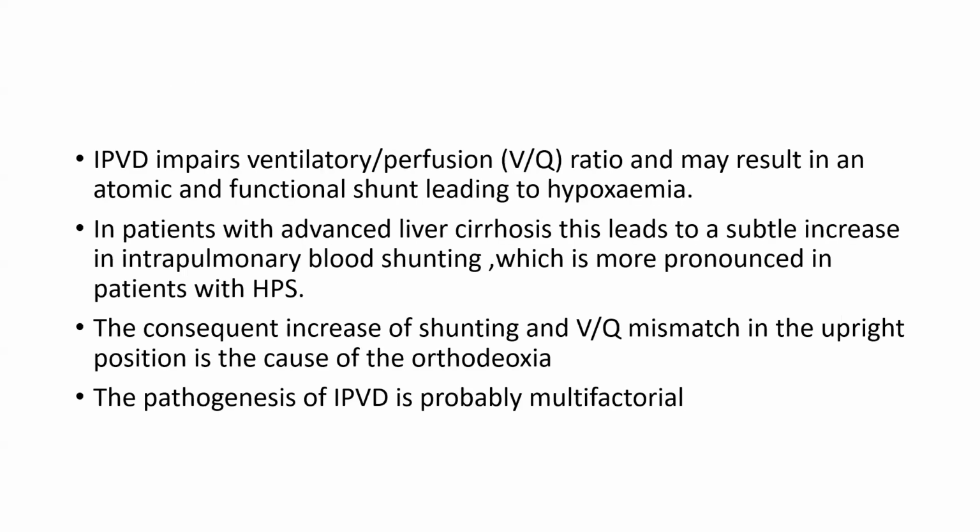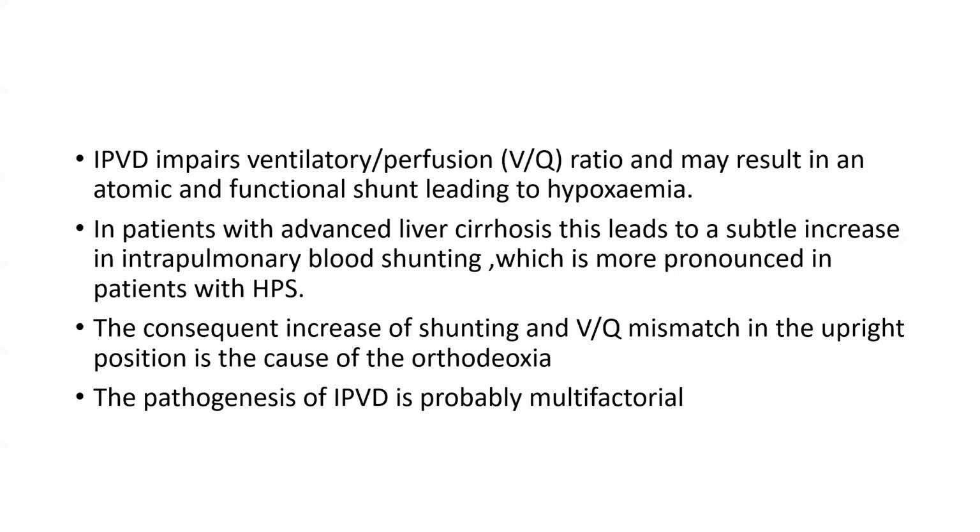So it impairs the ventilation perfusion ratio and may result in an anatomic and functional shunt resulting in hypoxia. In patients with advanced liver cirrhosis, this leads to a subtle increase in intrapulmonary blood shunting, which is more pronounced in patients with HPS. The consequent increase of shunting and VQ mismatch in the upright position is a cause of orthodeoxia.